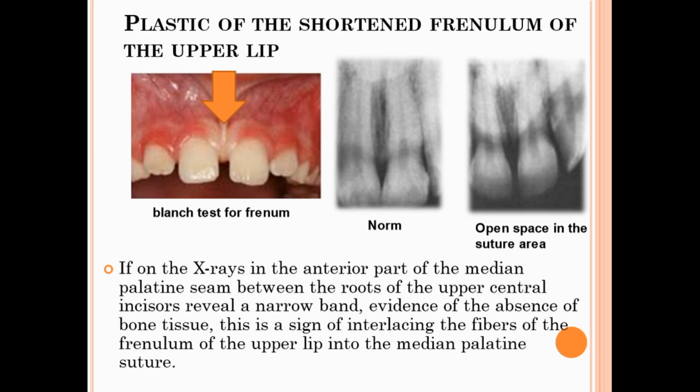In this case, healing occurs in the absence of a gap, and the resultant scar tissue stabilizes the teeth in the correct position and does not create an obstacle for the final closure of the diastema.